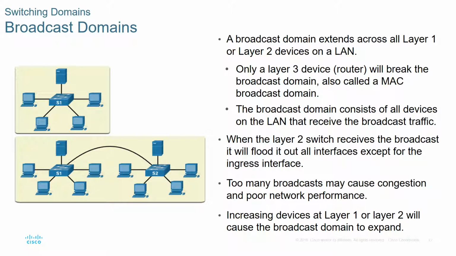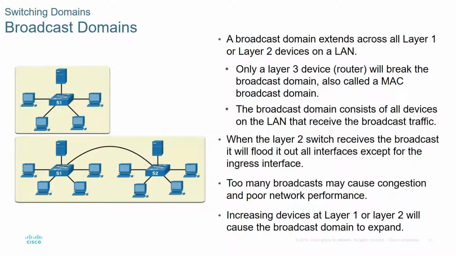Broadcast domains. A broadcast domain extends across all Layer 1 or Layer 2 devices on a LAN. Only a Layer 3 device, a router, will break the broadcast domain, also called a MAC broadcast domain. The broadcast domain consists of all devices on the LAN that receive the broadcast traffic.